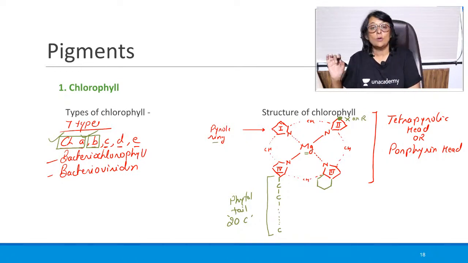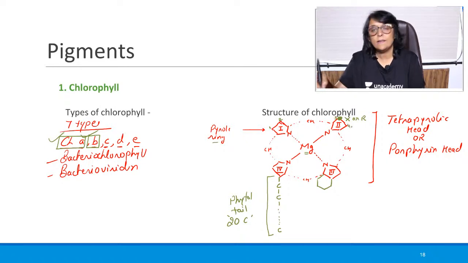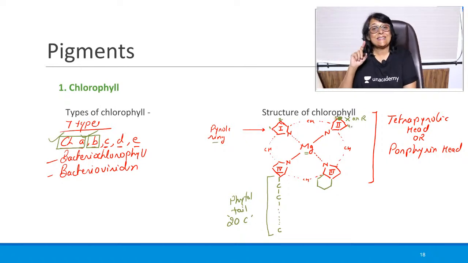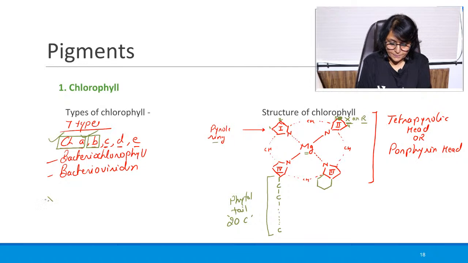Okay, so I'm going to number it. This is carbon, it is numbered as 1, 2, 3, 4 and then so on. So in the second ring at carbon number 3, the position is X or R. Now two situations.